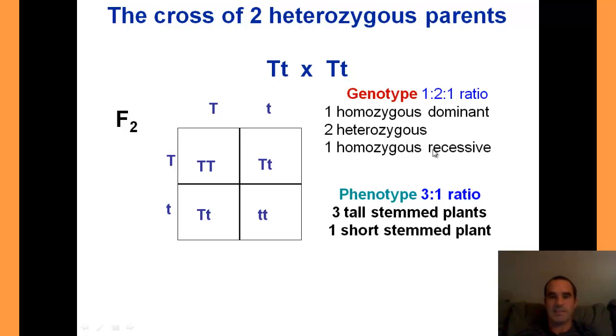In this one, you've got a 1 to 2 to 1 ratio for genotype, and for phenotype, you've got a 3 to 1 ratio. So tall, tall, tall. The only way to show the recessive trait, 2 copies of the recessive trait, is a short stem plant.